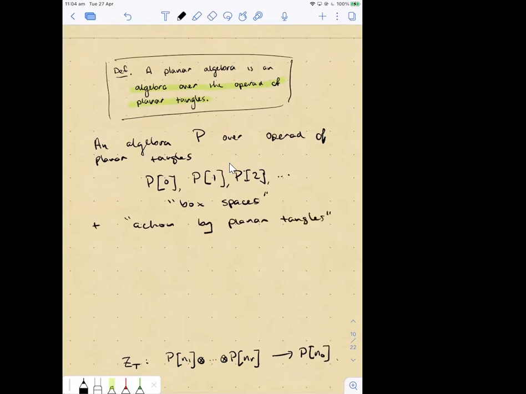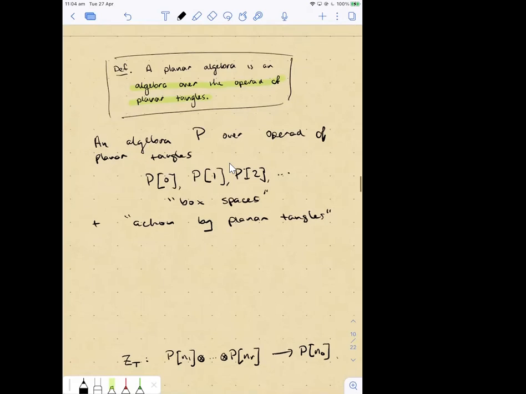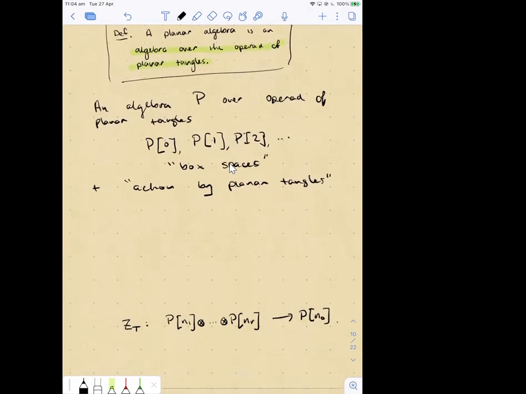If you're more of a representation theory person, this action by planar tangles says that the planar algebra P is a representation of planar tangles. I'm not a representation theory person, so I'm not going to do that.